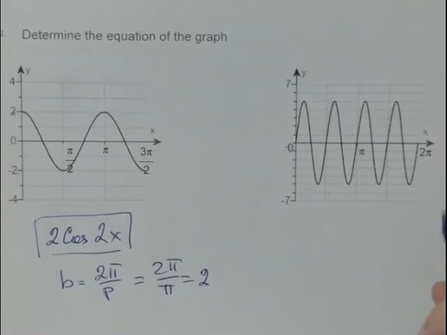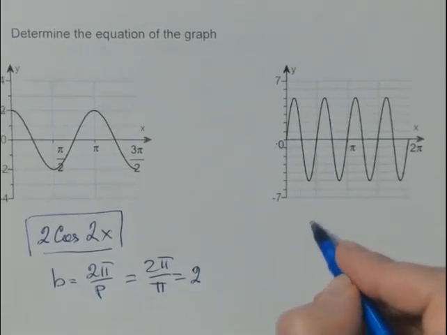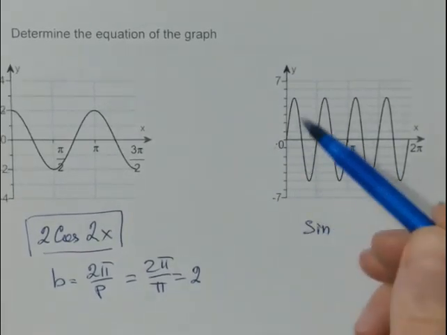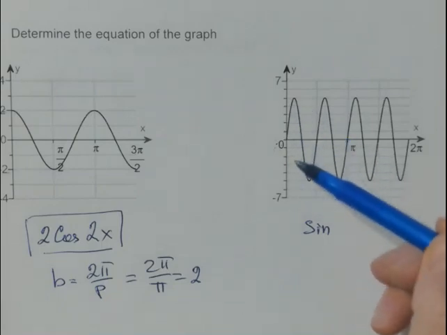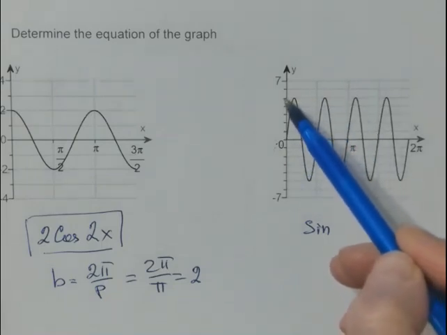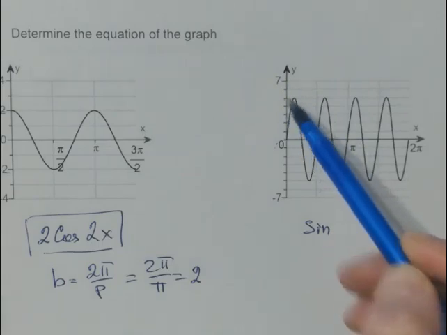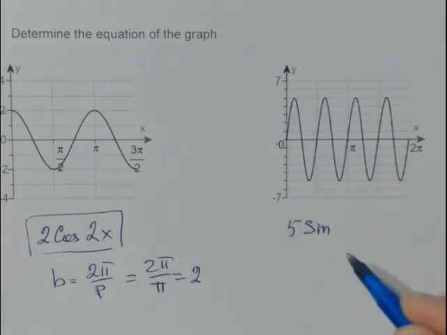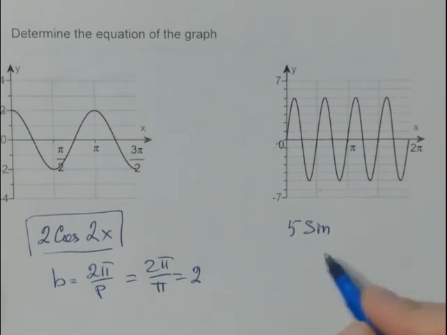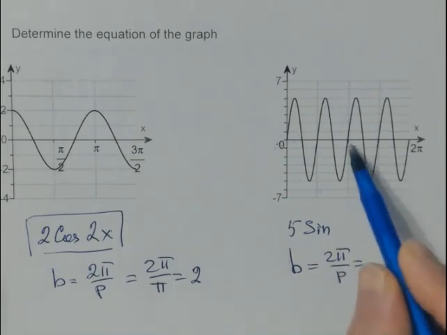The next one is a sine. There's no vertical shift, so the amplitude is given by this value. So here it is 7 minus 2, 5. 5 sine, then the period. So b is 2 pi divided by period.